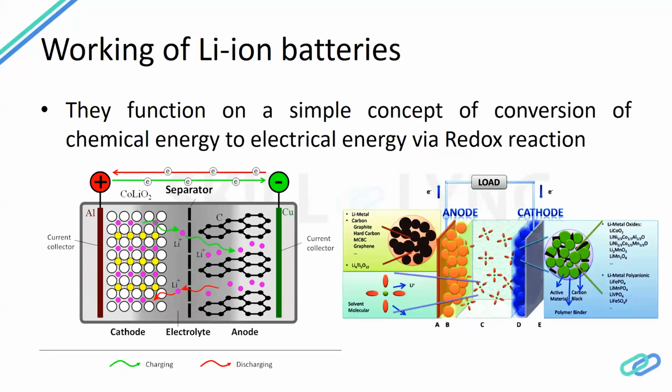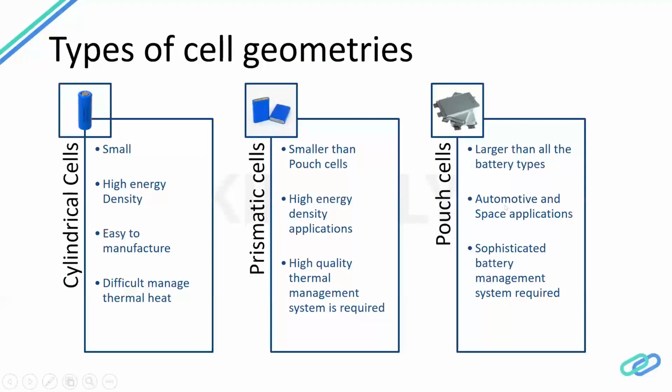So, going forward just a little. Now what are the types of cell geometries that we already have? Commercially speaking, there are three types of cell geometries. One is cylindrical cells, which we all know, which you use in remote controls. I don't know if you have seen prismatic cells.